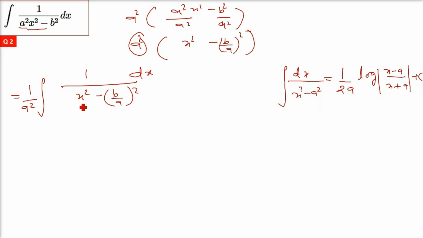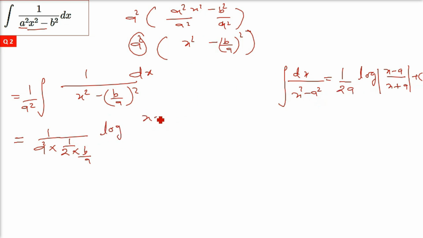So this x will be x only, but a here is not a, it's b by a. So in place of a, you are going to write b by a. So 1 by a square was already there outside. We have taken it outside in the earlier part. Now coming the 1 by 2, and a in this case is b by a, as I already told you. Now we have this log x minus a divided by x plus a.